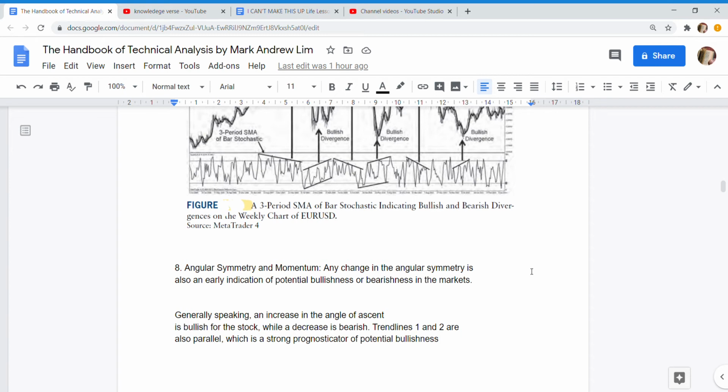Generally speaking, an increase in the angle of ascent is bullish for the stock, while a decrease is bearish. Trend lines 1 and 2 are also parallel, which is a strong prognosticator of potential bullishness.